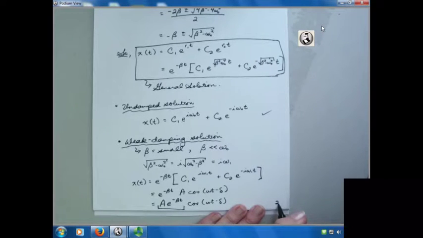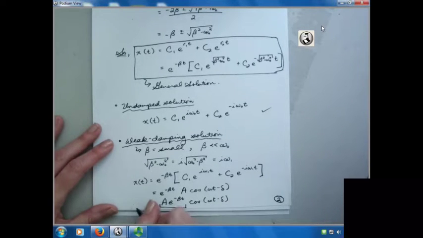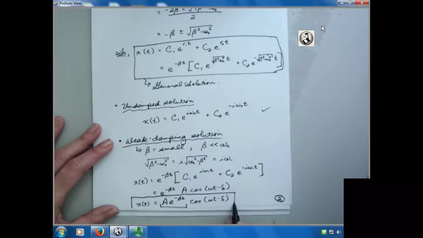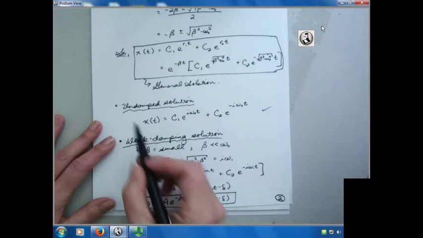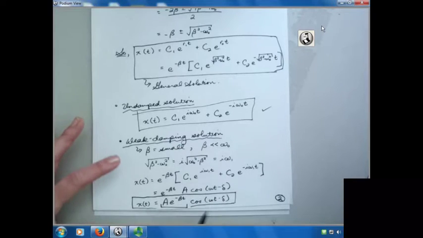All right. So let me go ahead and put a box around this. This is a pretty expression of the solution where I have weak damping.